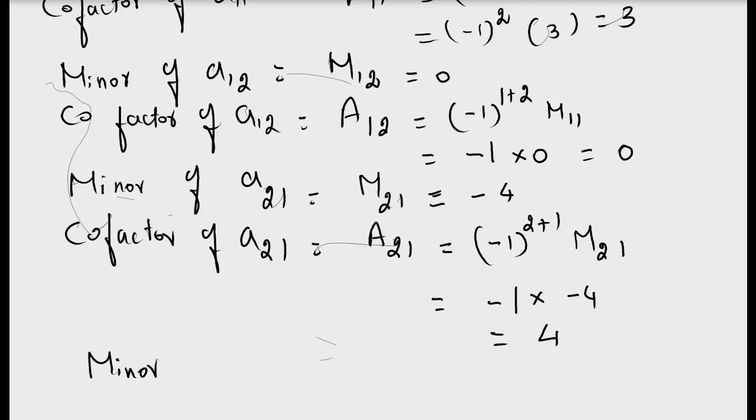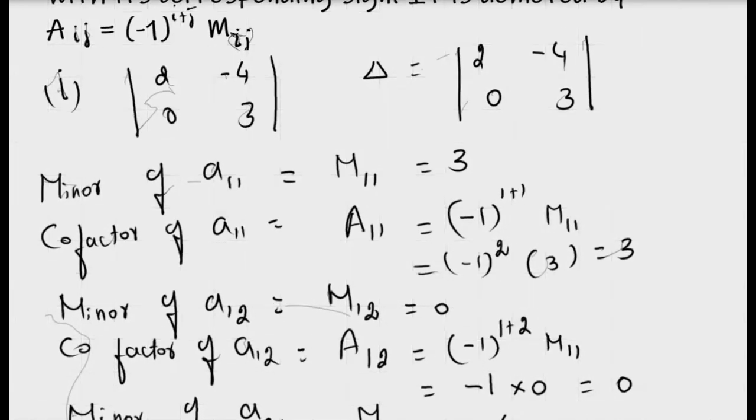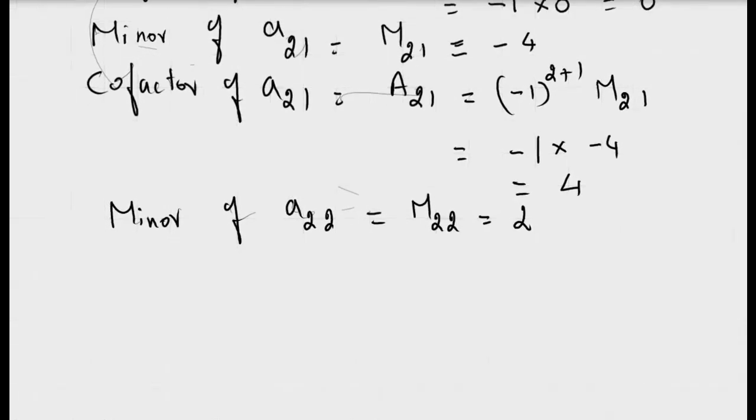Finally, minor of a22 is M22, which is nothing but 2. You have to leave off the second row and the second column, and finally you are left with 2.